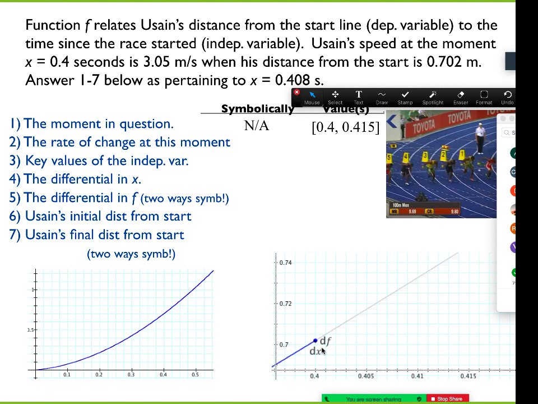What is the rate of change at this moment? That's our df dx, or m, and that was given in the problem, 3.05 meters per second. Key values of the independent variable would be starting x initial and x final, which would be our 0.4 and 0.408. So what's the differential in x?